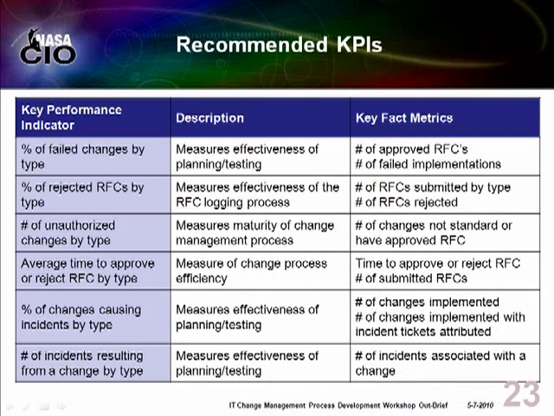Now on slides 23 and 24, which you have coming up next, these are the recommended key performance indicators. A couple things to really consider here is, there's a level of maturity that we can get certain performance indicators at right now. Things like number of changes. We should be able to get that right now. Number of changes by type. Well, we're currently looking at categorization of types and items, standard, normal, and emergency.